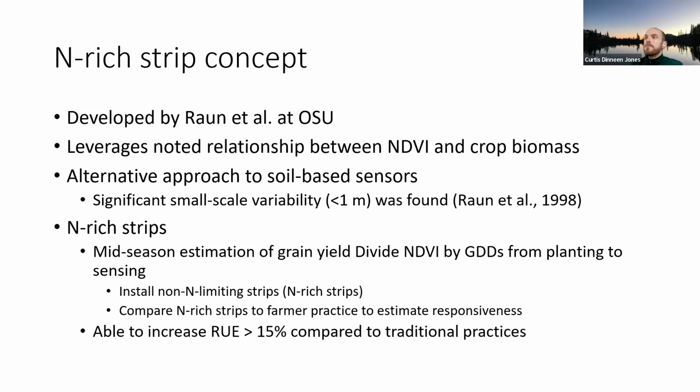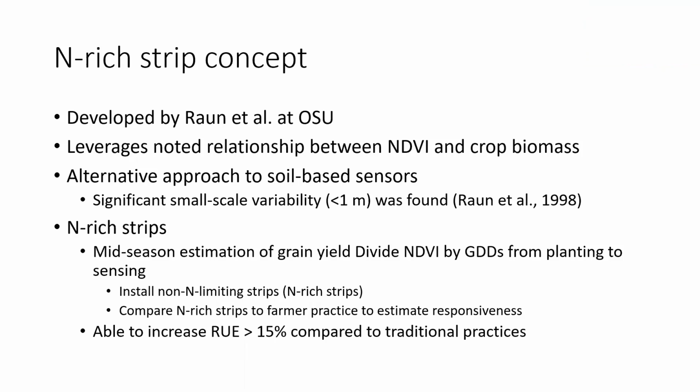So using the enriched strips, they could assimilate some of that variability and install a series of strips in a farmer's plot, so they could compare the implemented practice with a non-nitrogen-limiting strip, where you would just put a high dose of nitrogen, so you would know that it would not be a limiting factor in those locations.